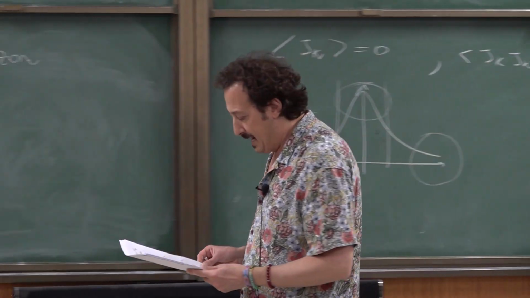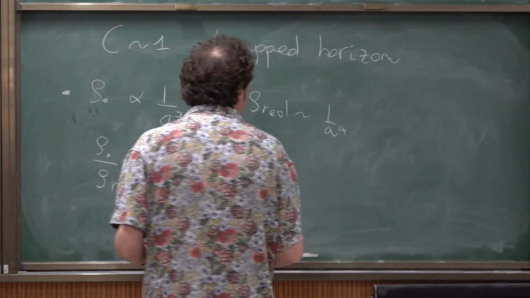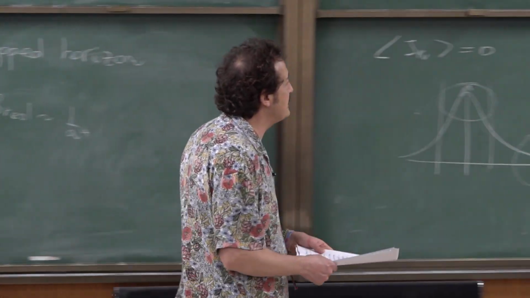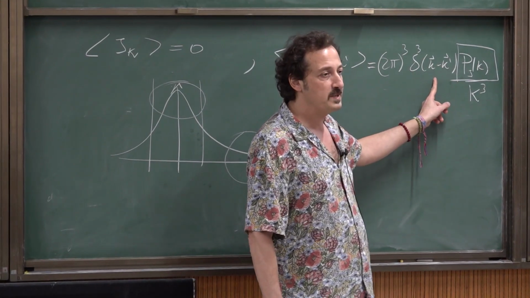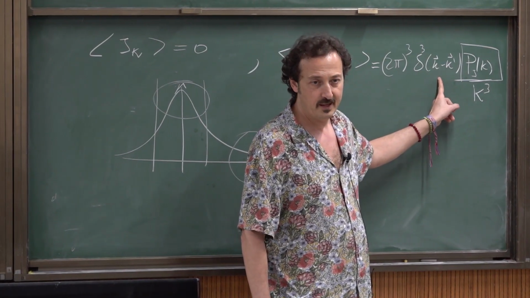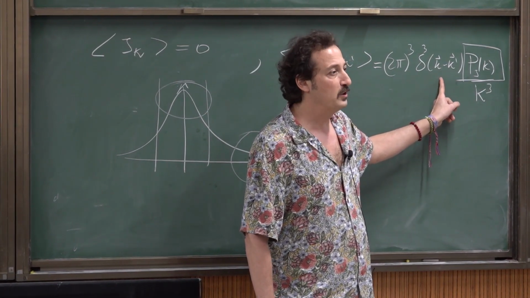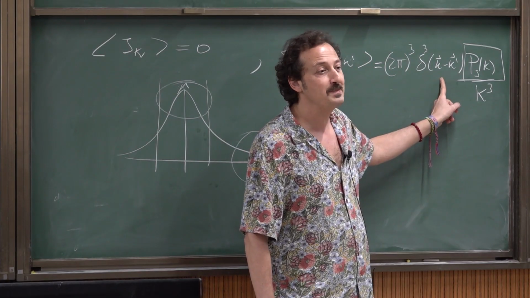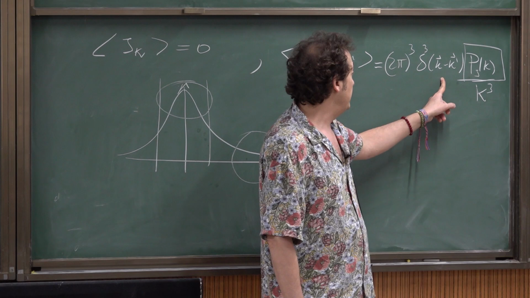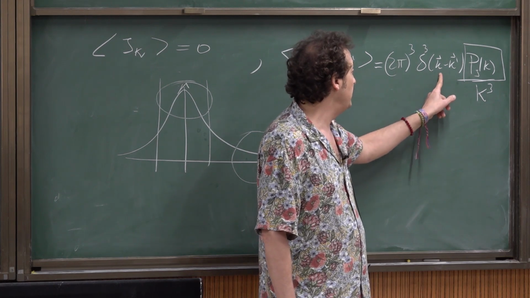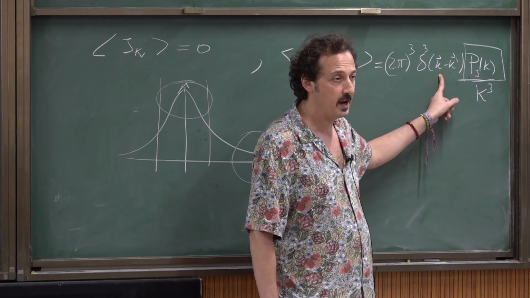All right, but of course, here there is a little bit of inflation though, because as I said, this power spectrum is isotropic. So I'm also giving you a very special two-point correlation function. This is very special because it's only non-zero when k is equal to k prime.